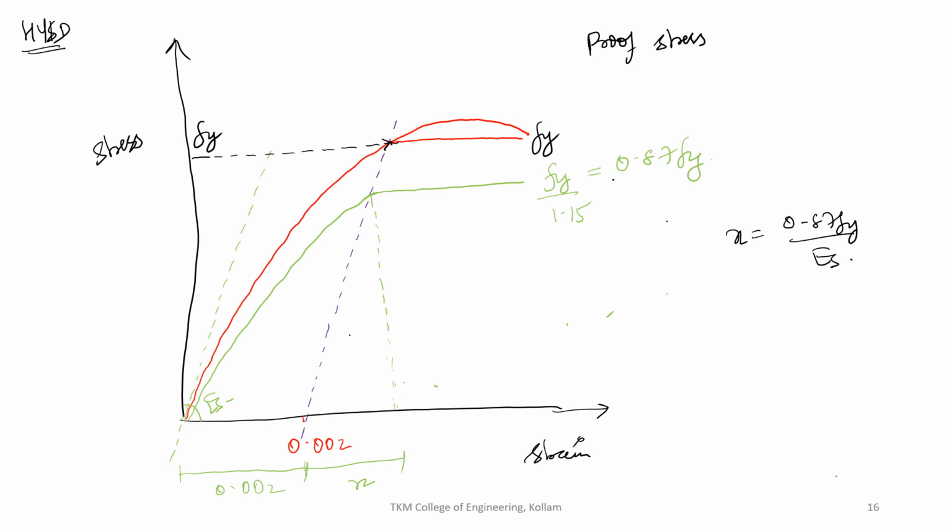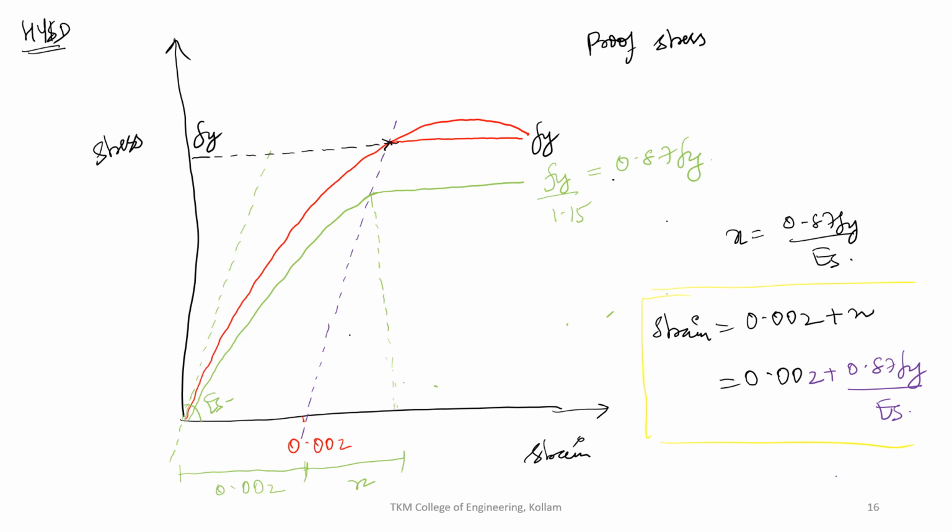So if I write the strain at the time when the steel reaches its maximum yield, strain is equal to 0.002 plus x, that is 0.002 plus 0.87 Fy by Es, isn't it? That is the strain corresponding to maximum yield stress for HYSD bar, and the strain corresponding to maximum yield stress for mild steel is 0.00108.